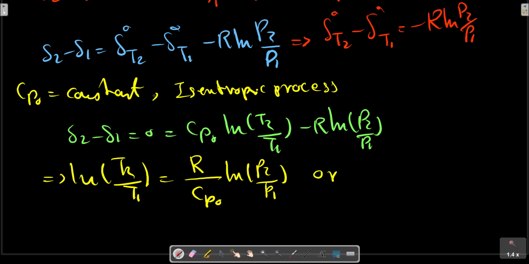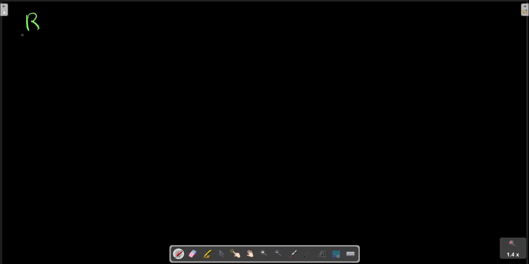T2 over T1 equals R over Cp0. We can also have a relation for R over Cp0.